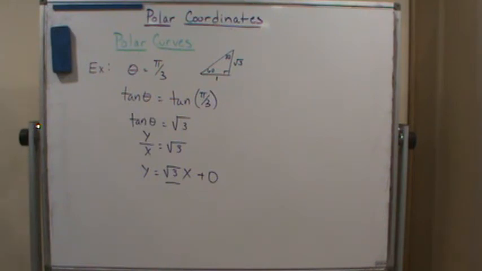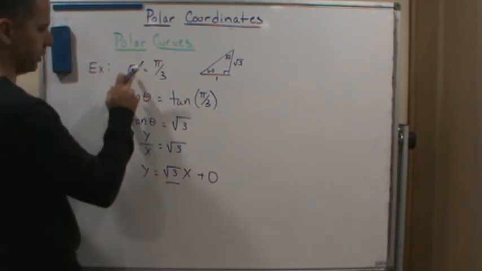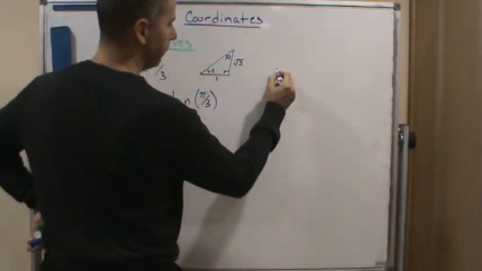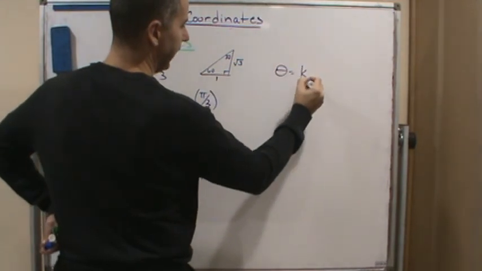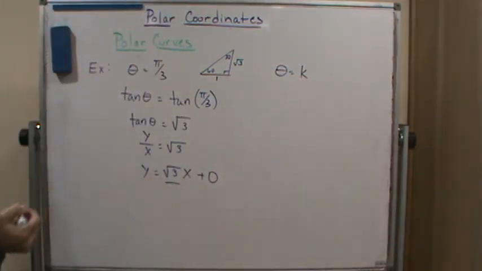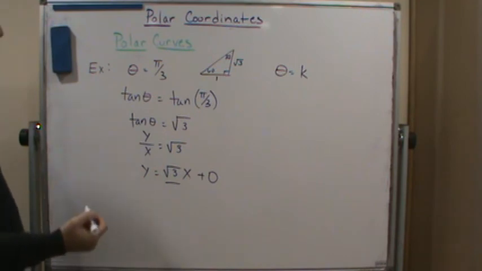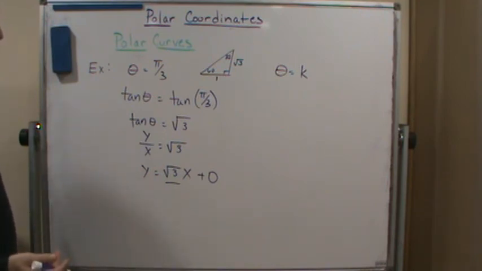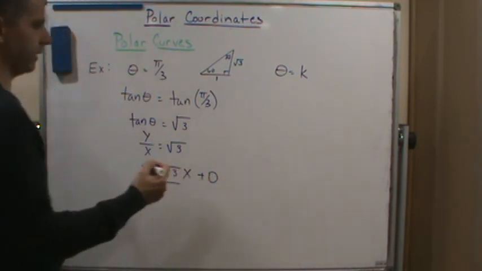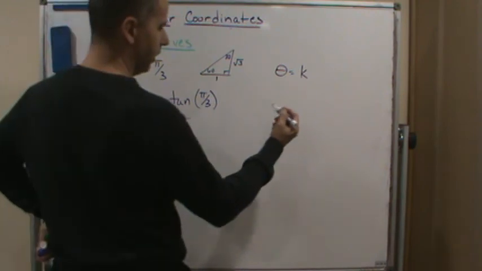Isn't that what we were saying? In fact, any function of the form theta equals k is going to be a straight line that goes through the origin with a slope of, excuse me, not the square root, it's going to be the tangent of k.